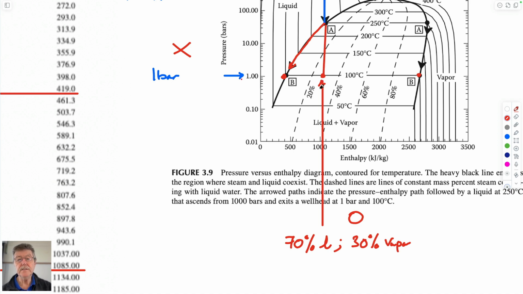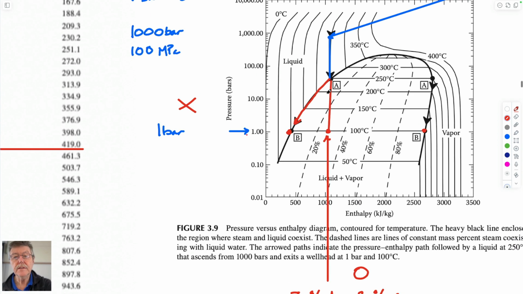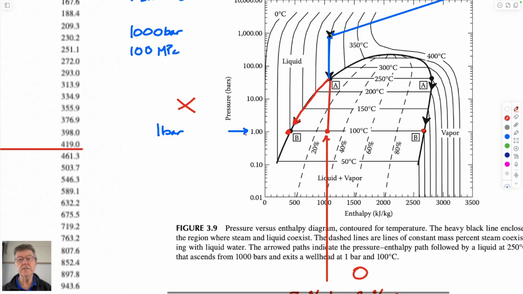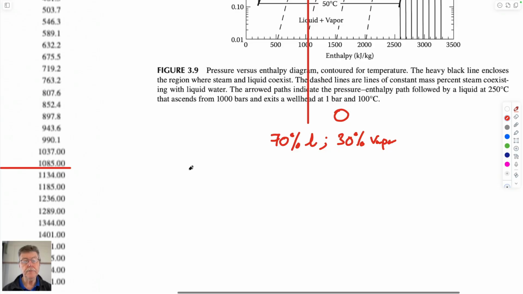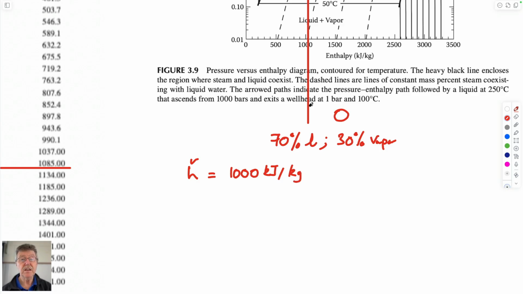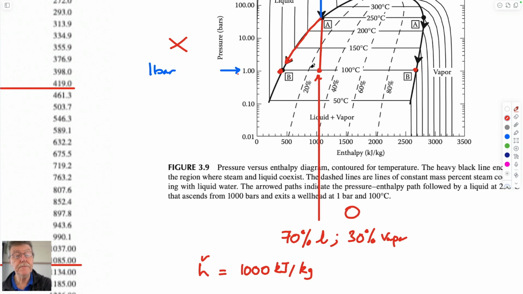So that defines that as you bring it up, the enthalpy of the system is equal to exactly that which it began at, which is equal to, so the enthalpy, which we've called H bar, is equal to 1,000 kilojoules per kilogram. And you can do that because you have this figure.